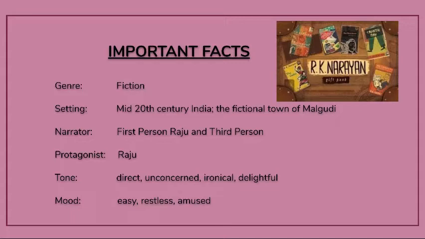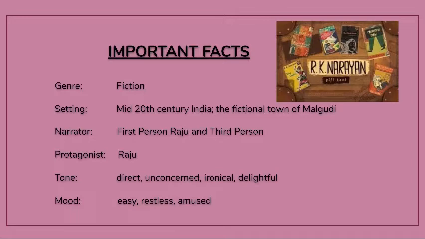Now, the narrator. Who's the narrator? Here it is Raju, who's also the protagonist. So, narrator is a person who tells the story. And the next point is tone. What is the tone of the work? Tone is conveyed through the choice of words or viewpoint of a work or by a writer.